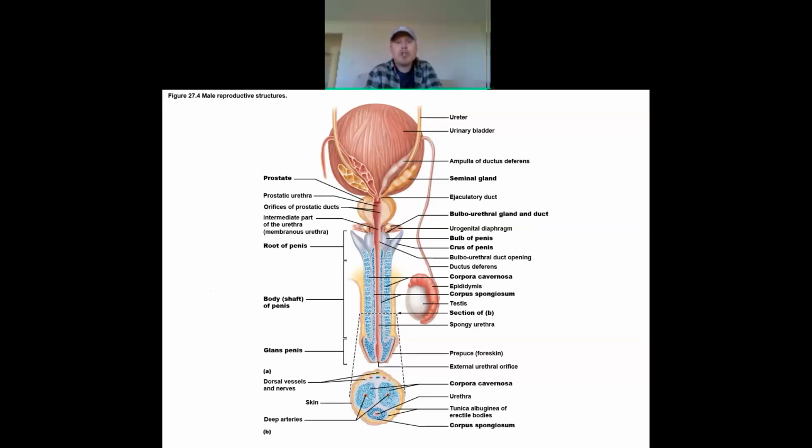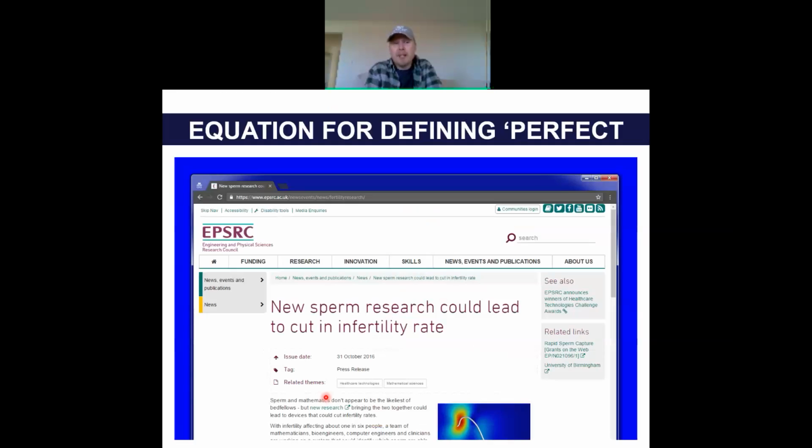Another diagram showing especially well our corpus cavernosum and corpus spongiosum, the tissues that swell around our urethra, around the external part of the reproductive tract for males, so our penis. Notice how there's actually 3 different groups of tissues there, with a rich blood supply.